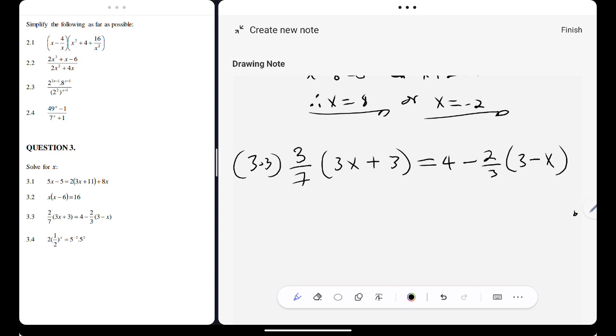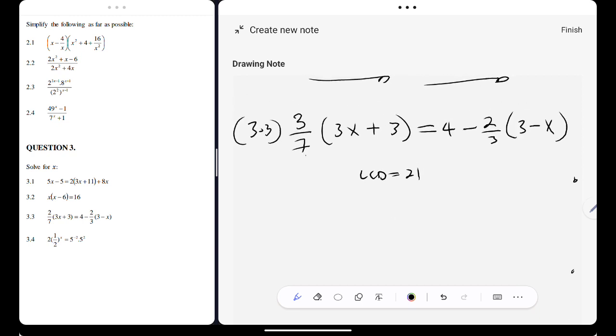The lowest number that both 3 and 7 can get into without leaving a remainder is 21 altogether. So 21 will be our lowest common denominator. I'm focusing on 7 and 3 because they are the only two denominators we have. So 21 is the lowest number that 7 can get into without leaving a remainder, and 3 can get into without leaving a remainder. So that means my LCD is 21. I must multiply everything by 21 for me to remove this fraction.